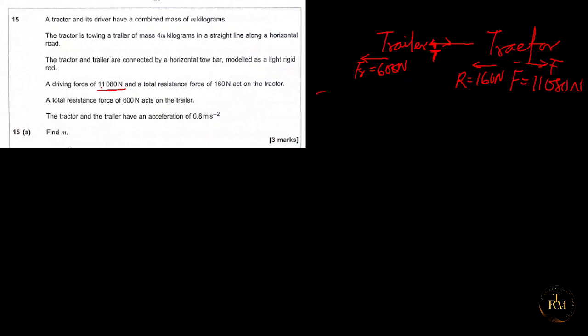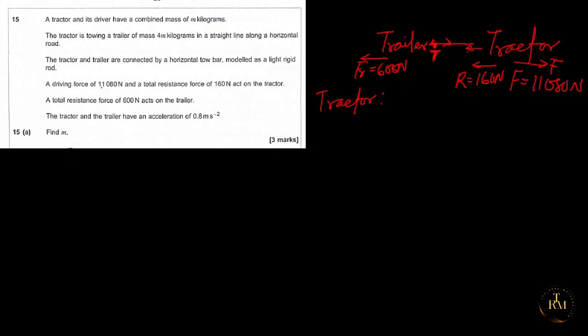So if I'm going to consider the tractor first as a system, the force F acting on the tractor has to be greater than the two other forces acting in the opposite direction. And the other two forces acting in the opposite direction are R, the resistive force on the tractor, and the tension that's acting in the rod connecting the trailer and the tractor.